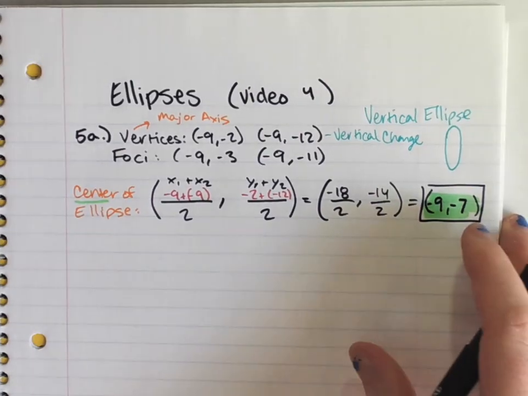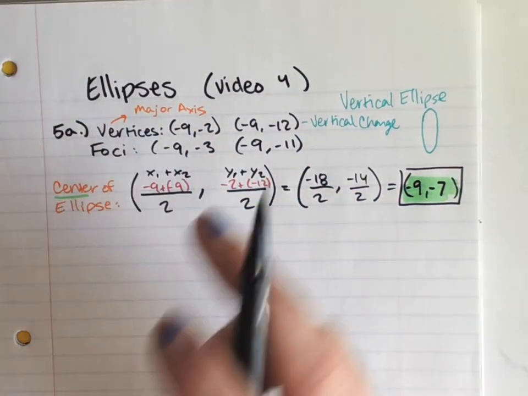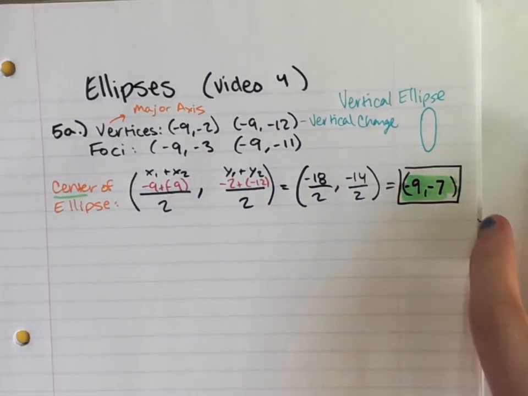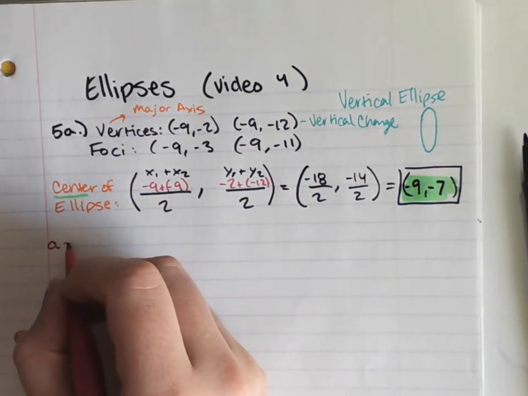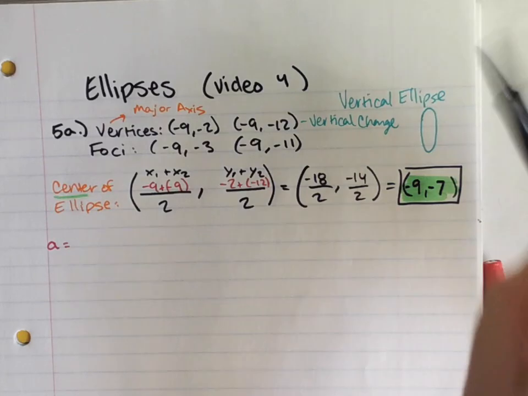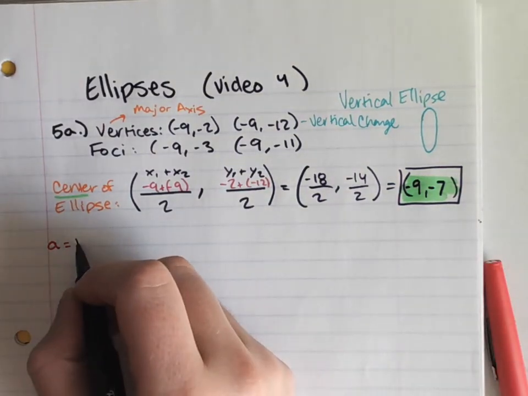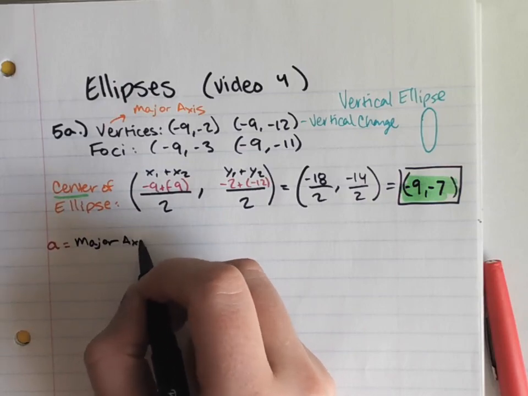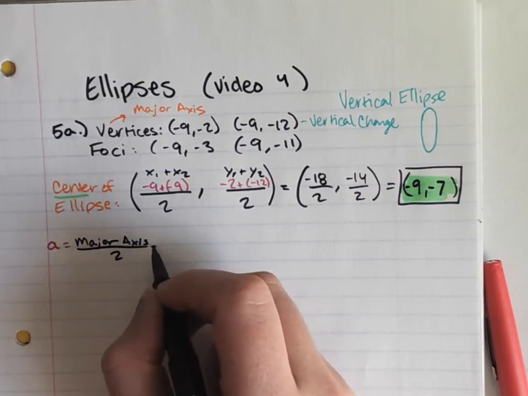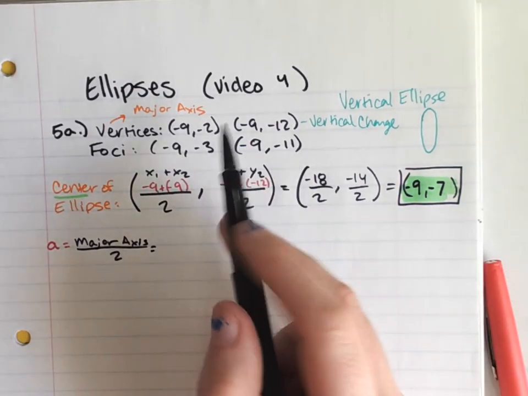Let's find some more information that we're allowed to. The vertices are on the major axes, so it's going to help us find our a value. So let's find a. It is going to be our major axes cut in half. To do that, we'll do the distance of the change.